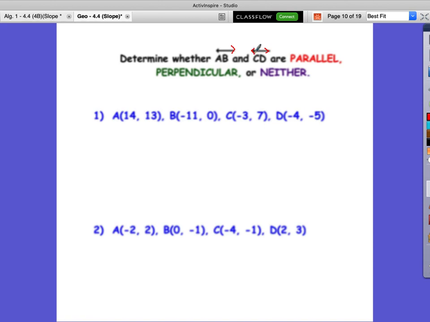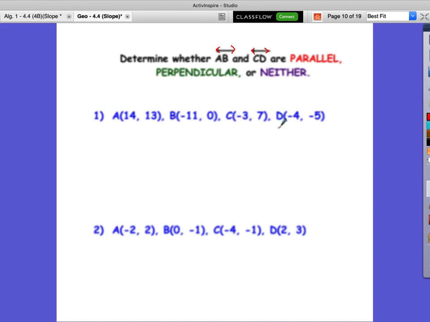Okay. Determine whether line AB and line CD are parallel, perpendicular, or neither. How do we tell if things are parallel, perpendicular, or neither? They have the same slope. The same slope, or if they have the opposite reciprocal slope, or literally anything else would be neither. So how could we figure out what kind of slope line AB has compared to CD?